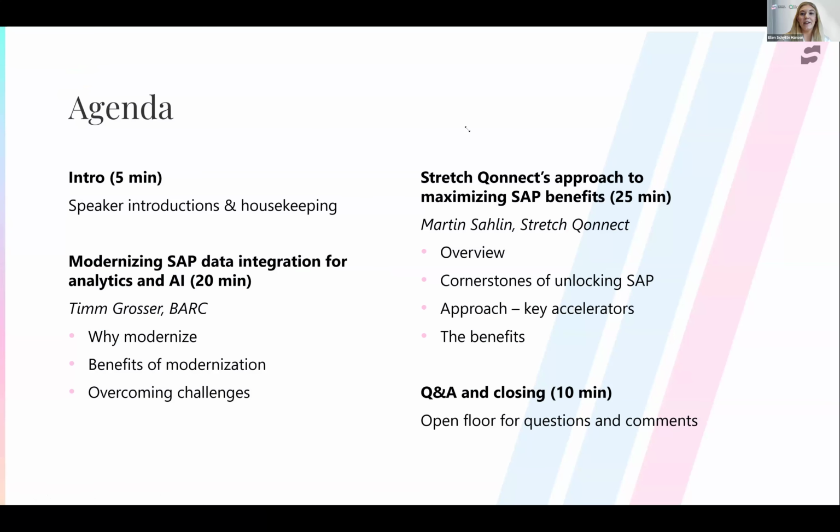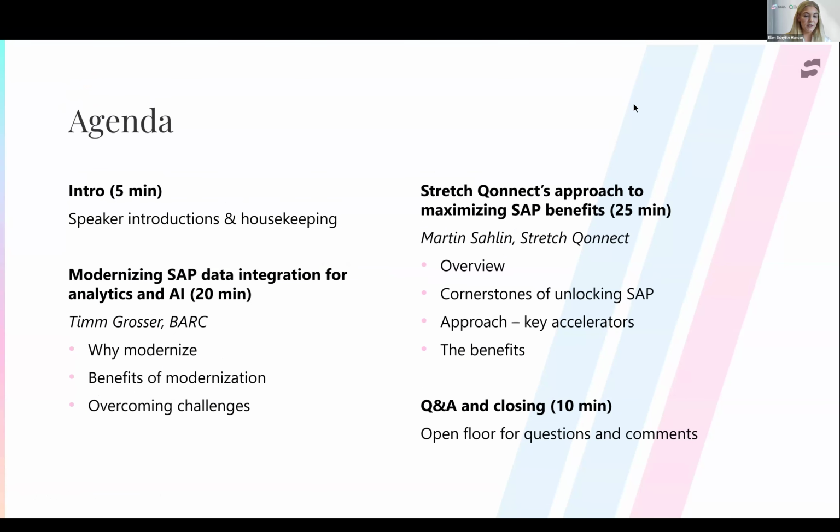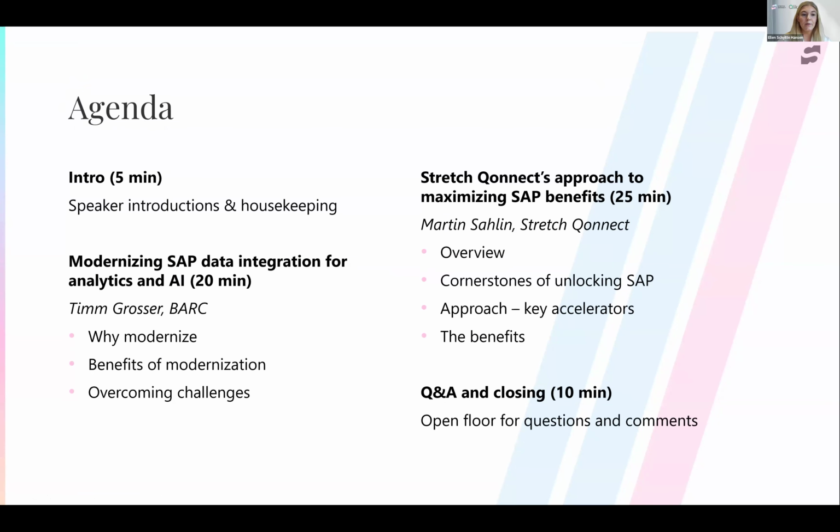So we just have our agenda right here. First of all, we have the intro, which I've just mentioned. Then Timm will take you through the AI readiness part, how to modernize, why we should, and the benefits of that.